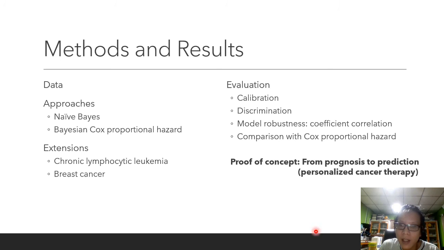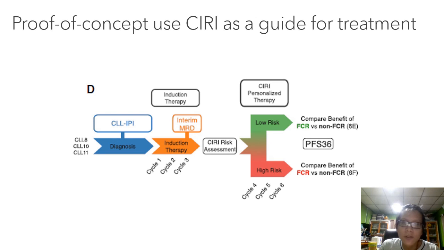And the last topic is proof of concept analysis that uses SILI as a guide for treatment. First, we see that SILI can be used as a prognostic tool, but this time we try to use SILI as a prediction biomarker: what therapy we need to give to the patient. This is for CLL.